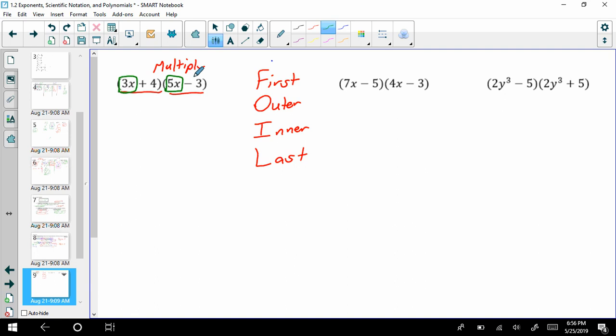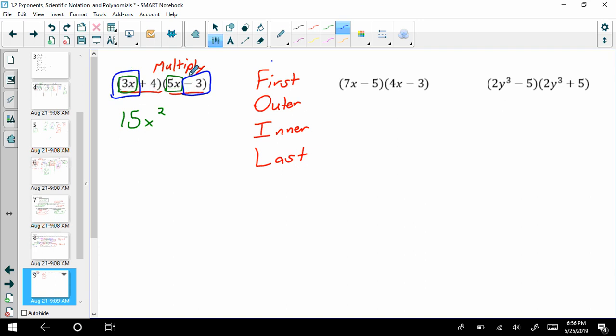So I'm going to take my first terms in each set and I'm going to times them together. 3x times 5x would be 15. And if I'm doing x times x, remember I add the exponents. So 15x squared. The O stands for the outer terms. So the very outer terms, the 3x times the negative 3.